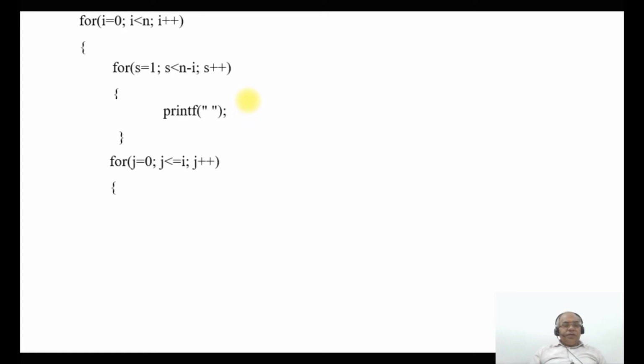Then j is equal to 0, j is less than or equal to i. If this condition is true, then it checks whether the value of i is equal to 0 or j is equal to 0. Then it needs to print the character, so c is equal to 1. Else, we are going to remember this formula, which is c is equal to c star, open the bracket, i minus j plus 1, close the bracket, by j.